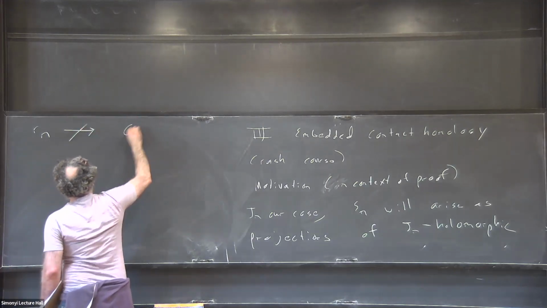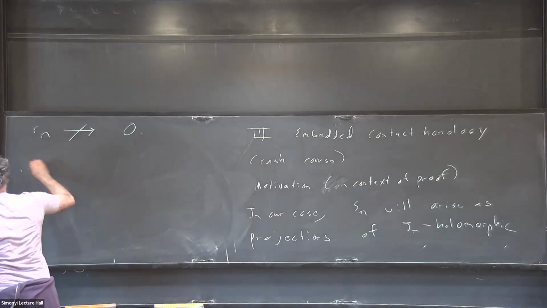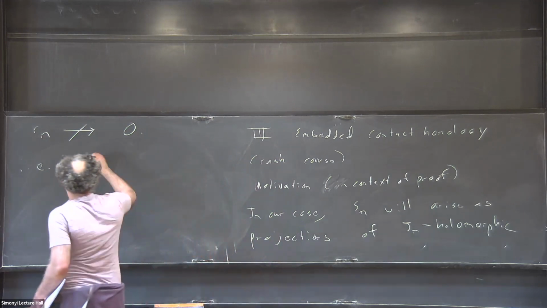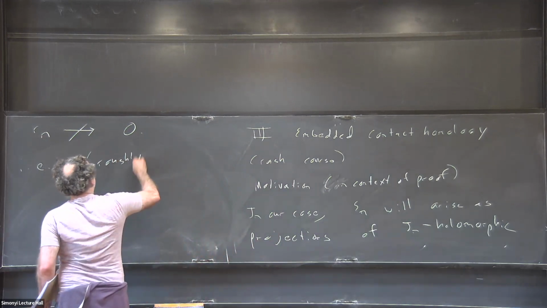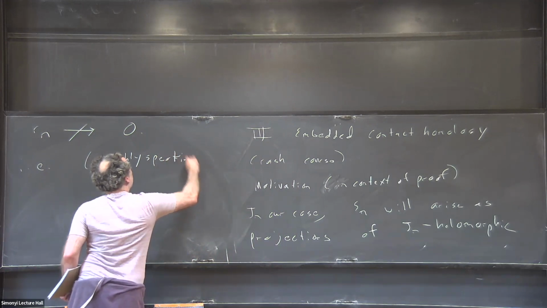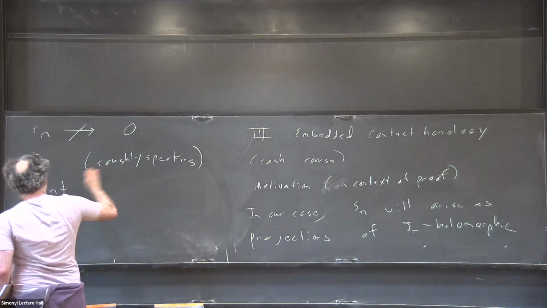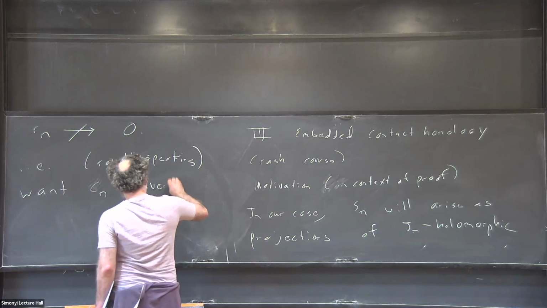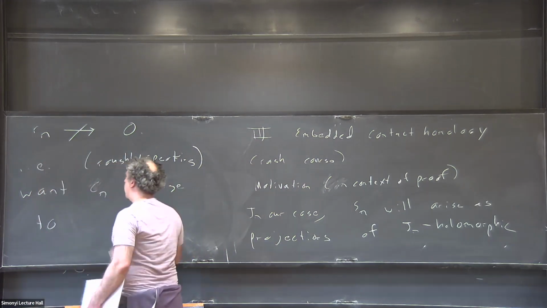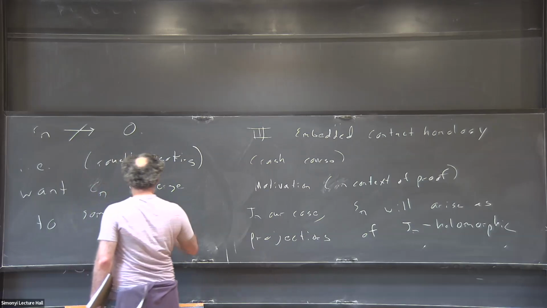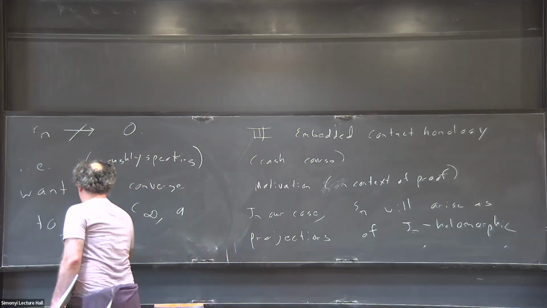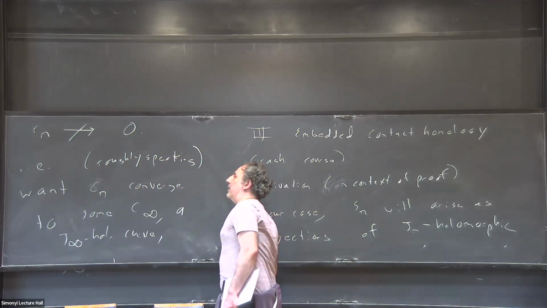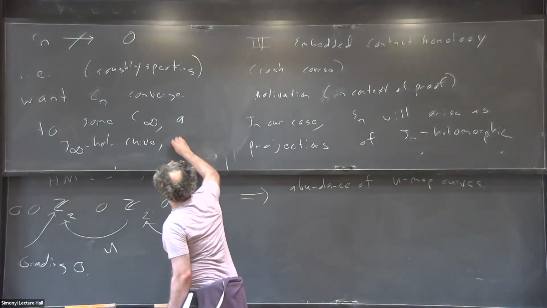So a basic point that you should have in mind is, roughly speaking, you want the C_n's to converge to some C_infinity, a J_infinity holomorphic curve that also has exponential convergence at its ends.